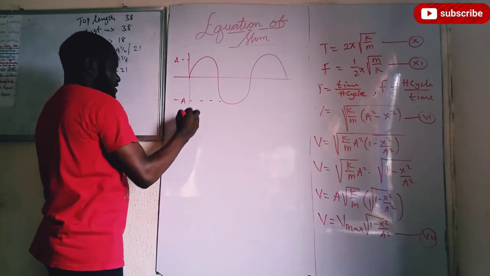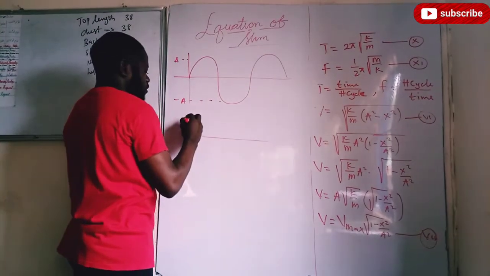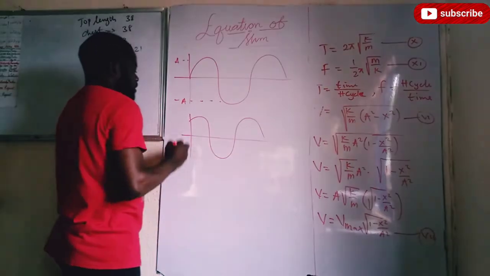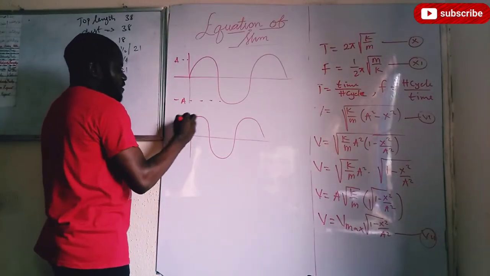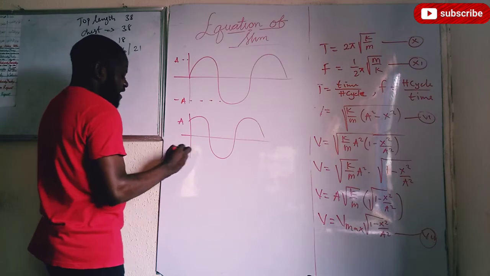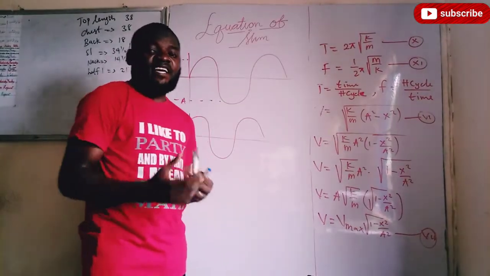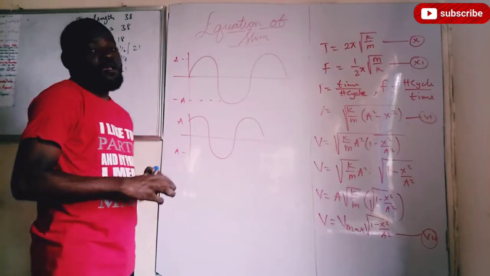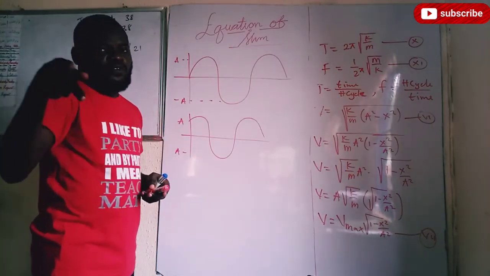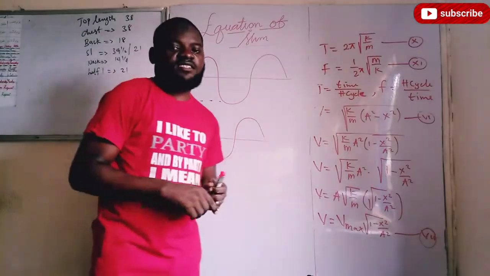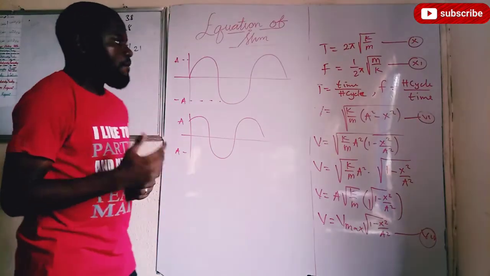You can also make it a cos function, like this. It's still going to range between A and negative A, which is our maximum amplitude. I did a better explanation on this in our previous class, and I'm going to drop the link in the description box below. You can do well by watching that.